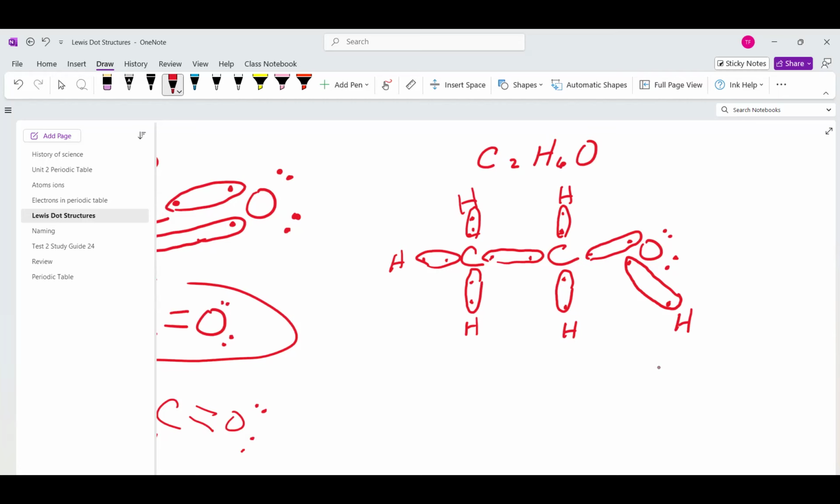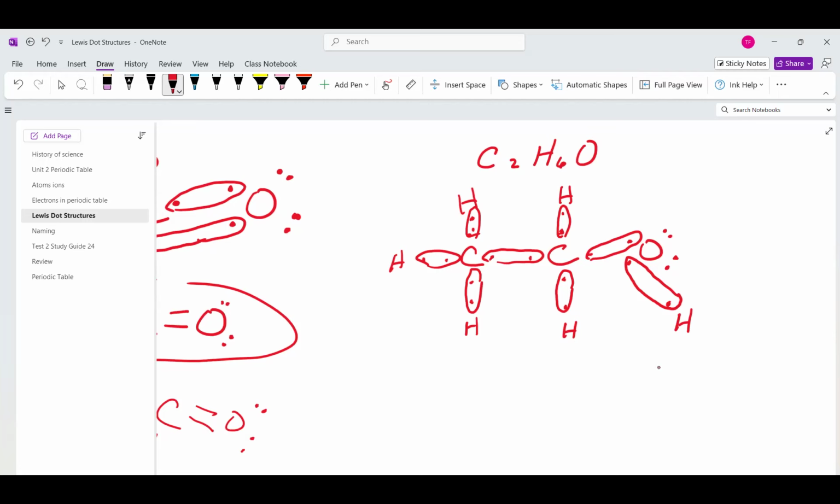So that's 2 plus 2 is 4, 6, 8. Okay, and the hydrogen's got 2 all the way around. So full shell wise, it's fine. What about number of bonds? Carbon takes 4 bonds because it's 4 singletons. 1, 2, 3, 4. 1, 2, 3, 4. Oxygen's 2 bonds, 2 singletons, 1, 2. So this is a legal structure.